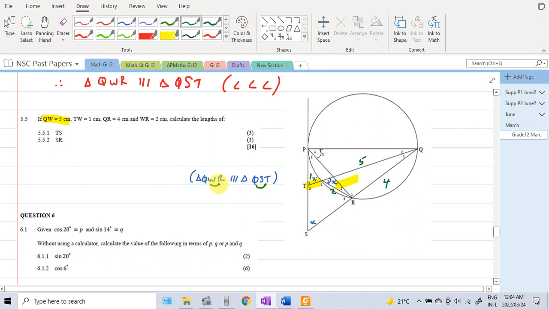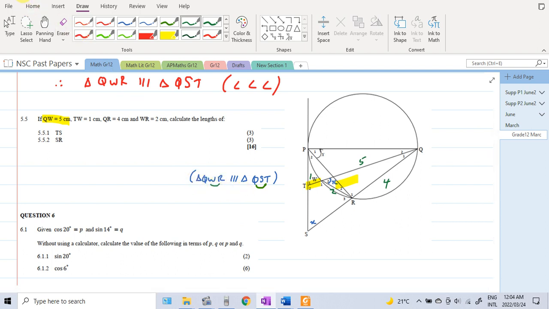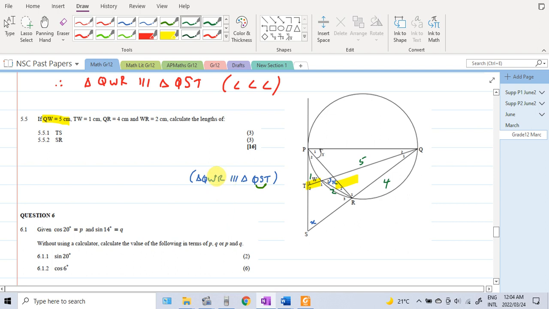Let me just take from the first triangle to the second triangle and move on. So we want ST. You can see WR over ST. Let's write ST over WR. So ST over WR is now equal to QT over QR. Do we have QR?